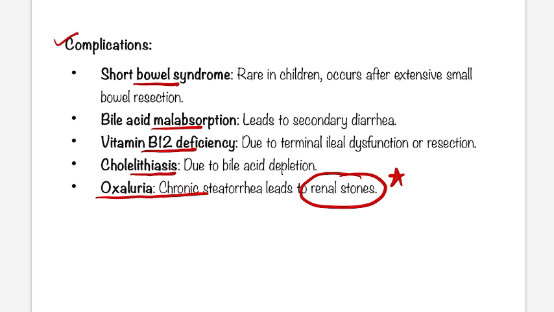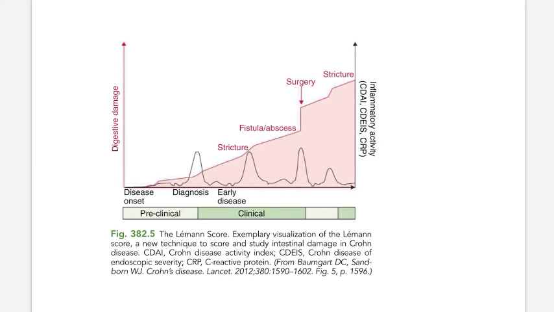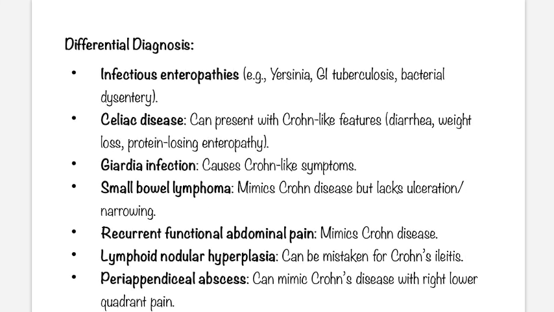That is Crohn's disease. Now the Lehmann score of CD. This is a straightforward question. The Lehmann score is used for severity of Crohn's disease, for stricture, fistula, surgery. So just remember, the Lehmann score is used for Crohn's disease.